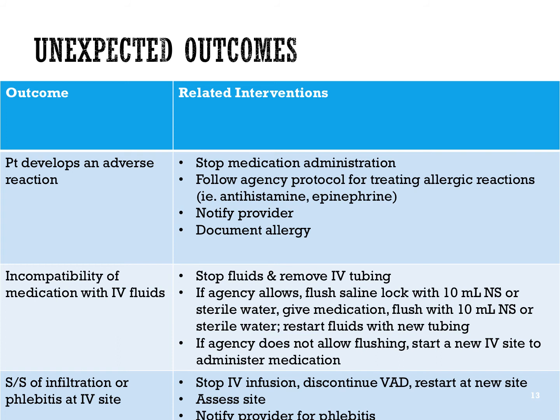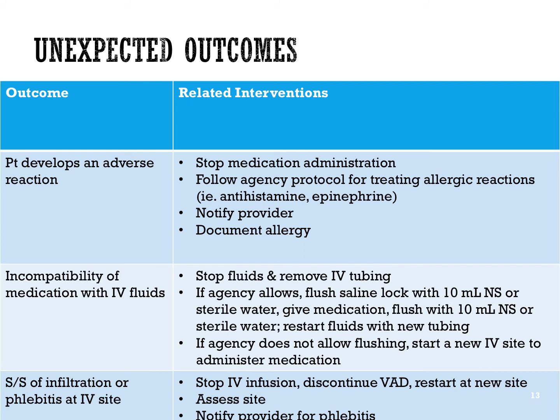Now, some agencies might allow you to infuse IV push medications that are not compatible with fluids. If that's allowed, once you have removed the IV tubing where the reaction has happened, and you know that it has not gone into the catheter, you may be able to flush that saline lock with 10 milliliters of normal saline or sterile water, which would clear the line of the IV fluids.